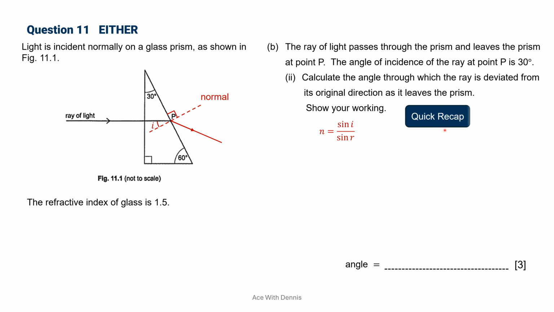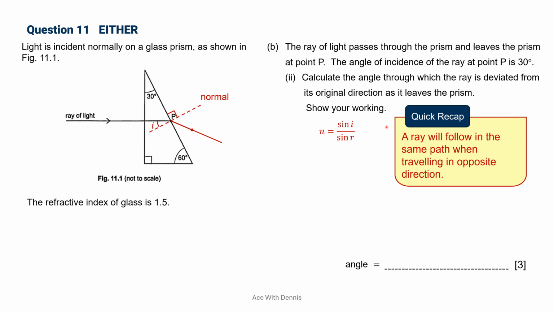Okay, so let's have a quick recap here. A ray will follow the same path when traveling in the opposite direction. So in other words, if the ray follows this path, it will bend towards this line.